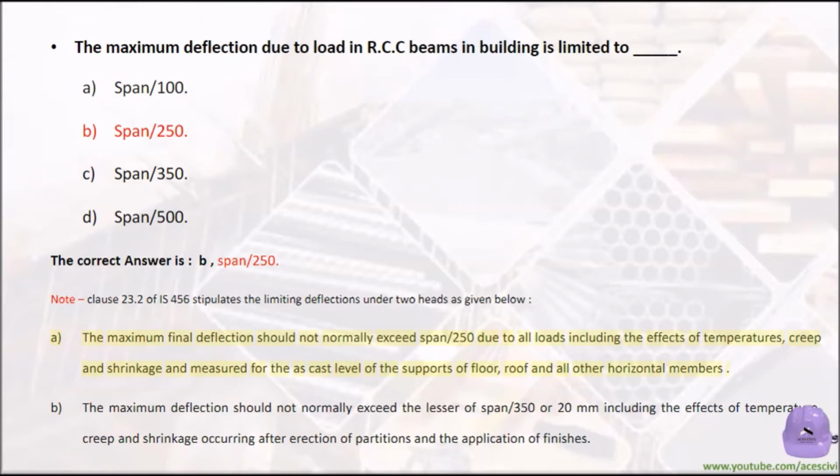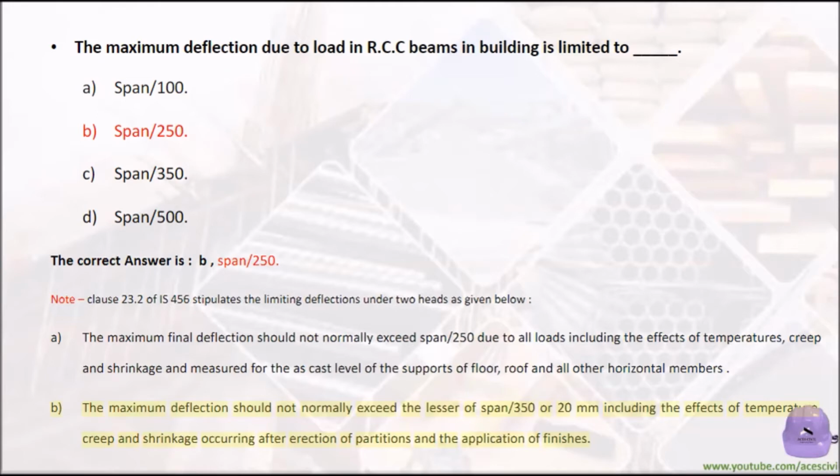B. The maximum deflection should not normally exceed the lesser of span/350 or 20 mm including the effects of temperature, creep, and shrinkage occurring after erection of partitions and the application of finishes.